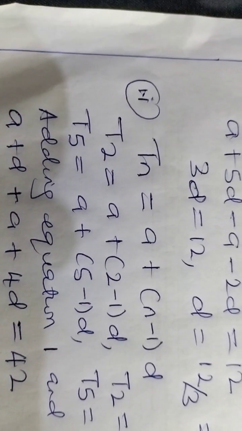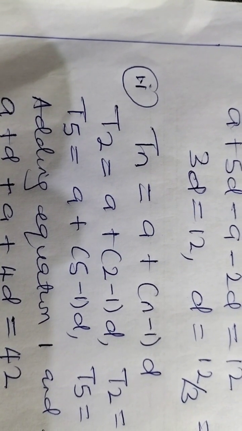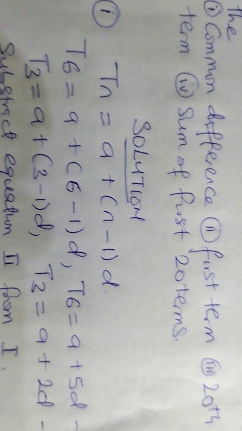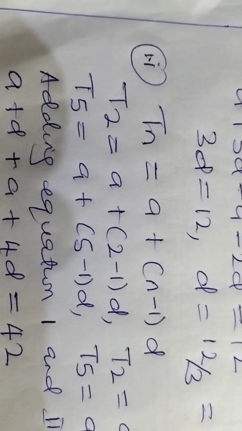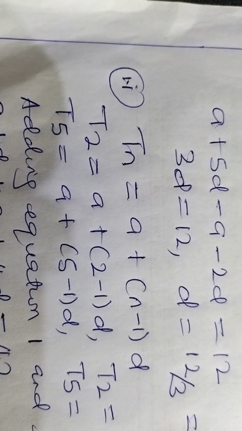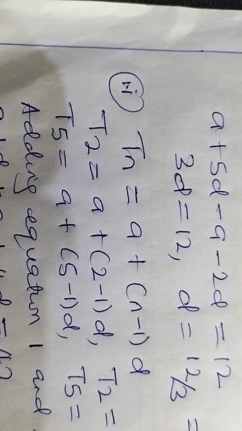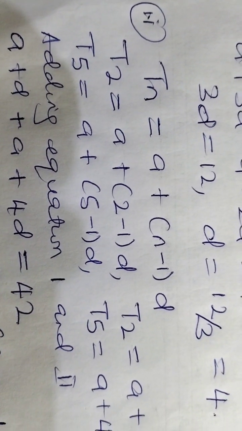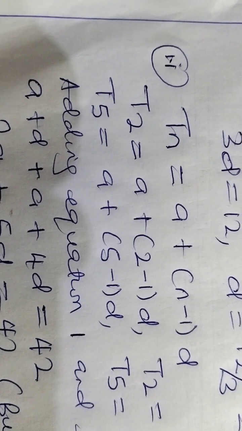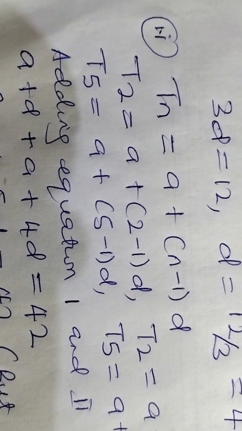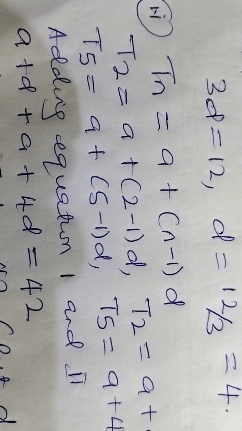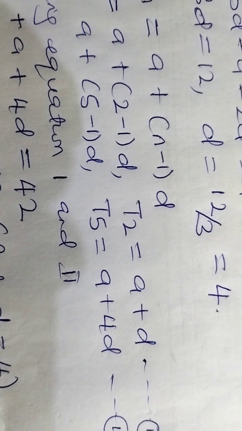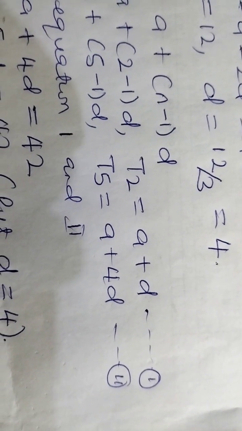Now going to number II, we're asked to find the first term. Using the same formula for any term, Tn equals A plus (n minus 1) D. Then term 2, when n is 2, we have A plus (2 minus 1) D. So the equation for the second term becomes T2 equals A plus D, equation 1.